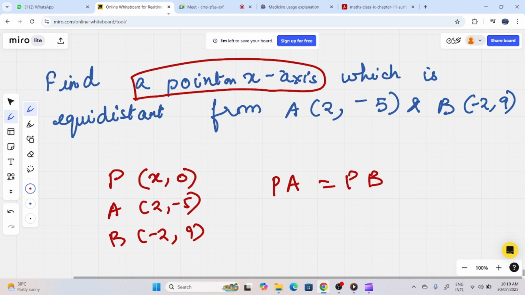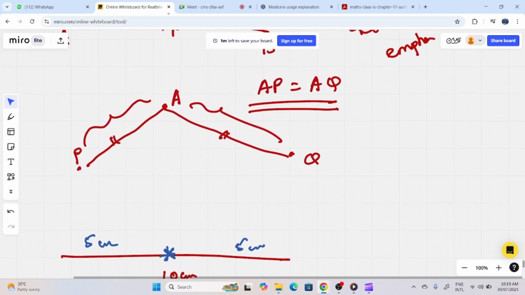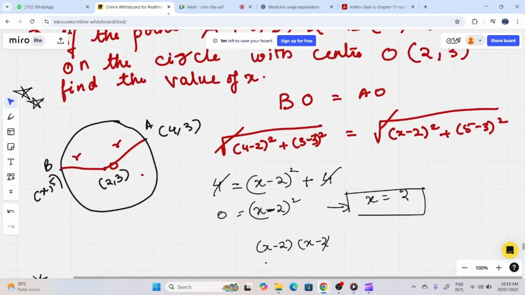I just want the formula. I didn't write it down. Wait, I'll show you. What is your Pythagoras theorem? Hypotenuse square is equal to base square plus perpendicular square. No, I got that, I just want the formula, I didn't write it down. x2 minus x1 squared plus y2 minus y1 squared.